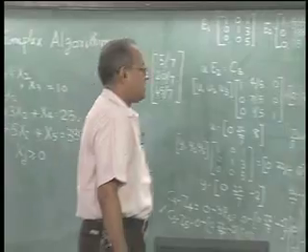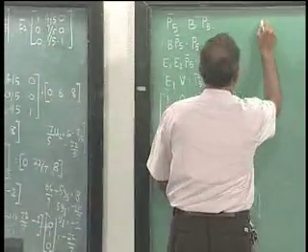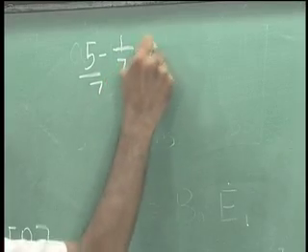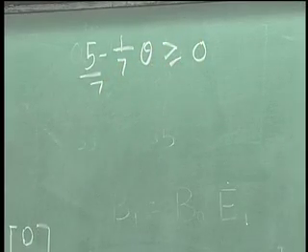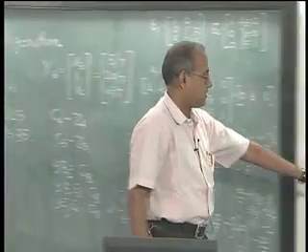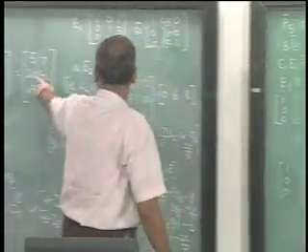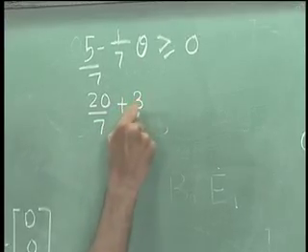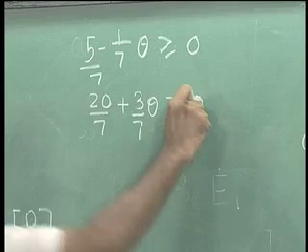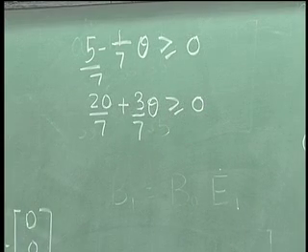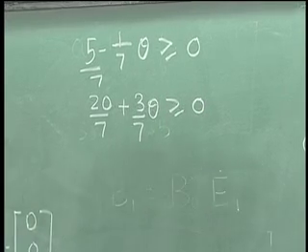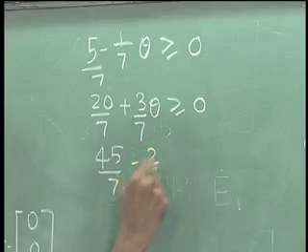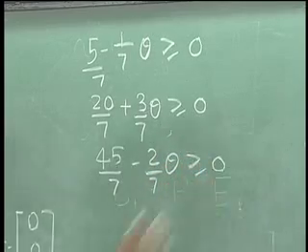So, the corresponding value of theta will be such that 5 by 7 minus 1 by 7 theta is greater than or equal to 0 from the first one, 20 by 7 plus 3 by 7 theta greater than or equal to 0, the plus comes because of the minus sign here, and 45 by 7 minus 2 by 7 theta greater than or equal to 0.